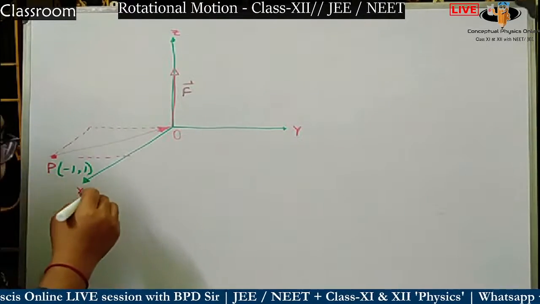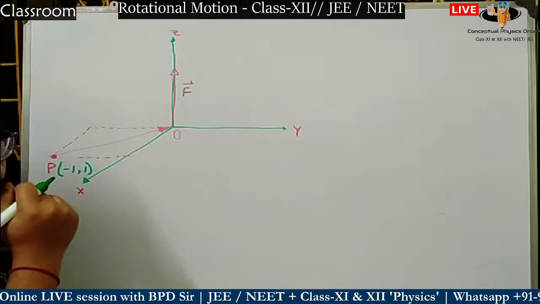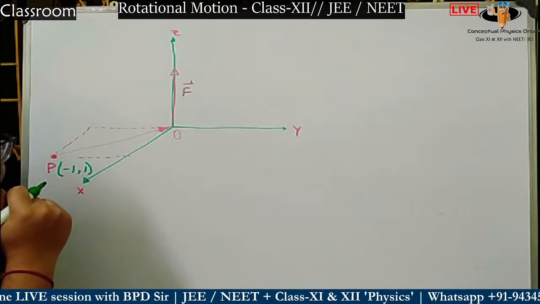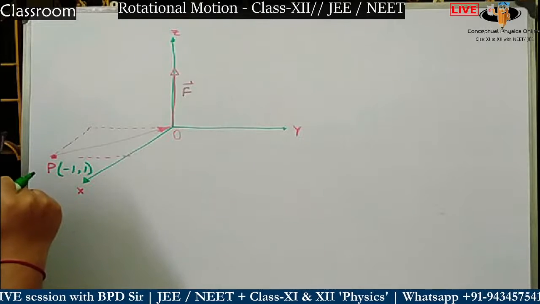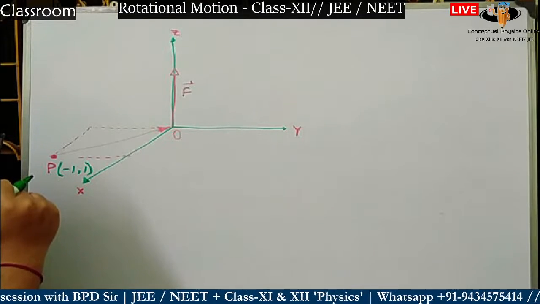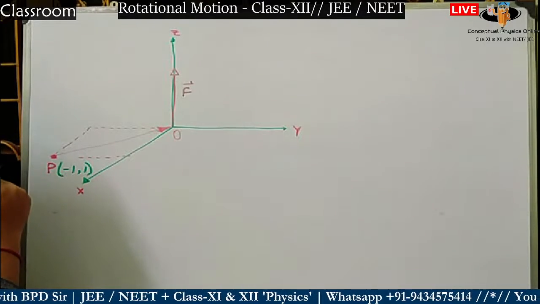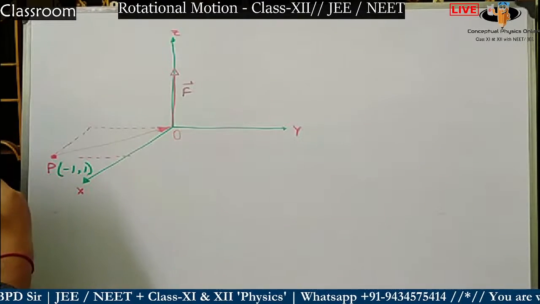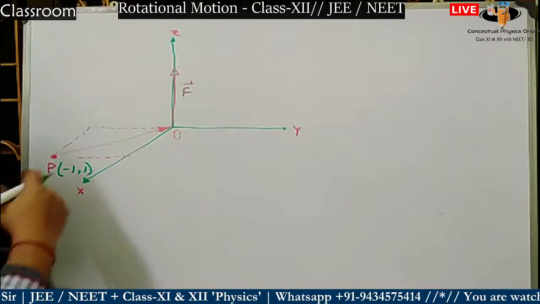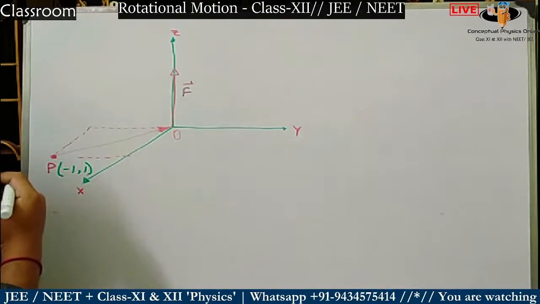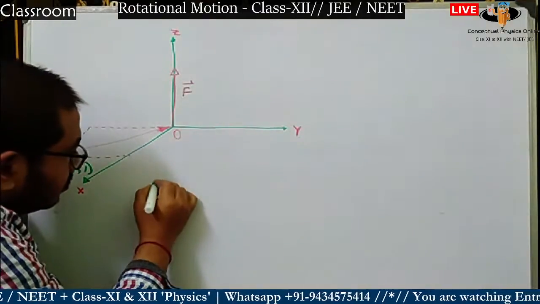And F is given as minus Fk cap. So the torque about this point P, this is the arm and the force.